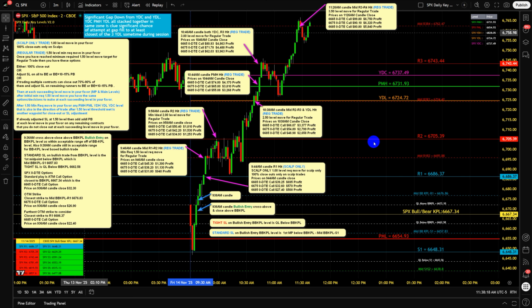Then we have a move up to the next main level here, the R2 level. Now this is a 2-level move from the level we took the trade from in our favor. This is what is known as the minimum ideal 2-level move for a regular trade. What do we mean by minimum ideal move versus minimum required move? Well, the minimum required move is the trigger for the threshold being met for a regular trade.